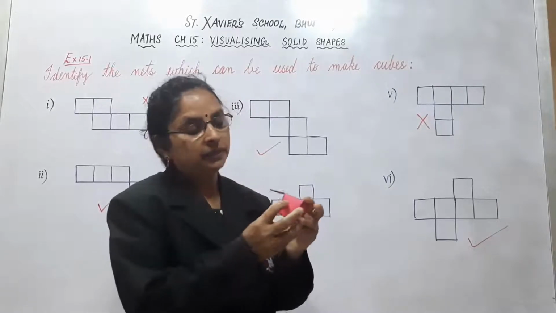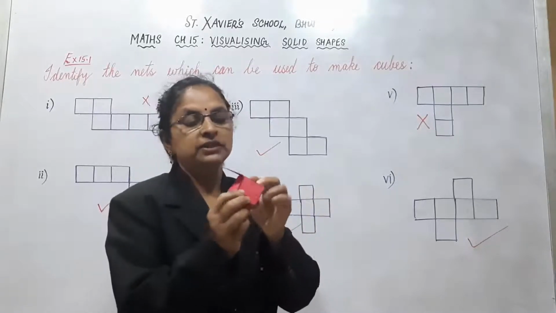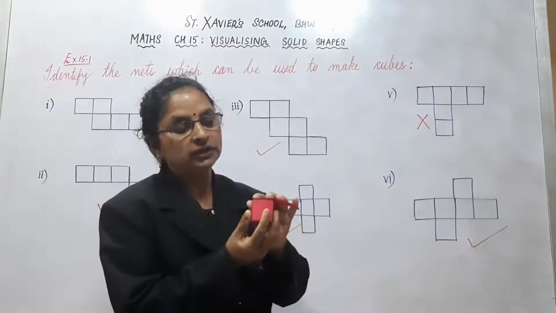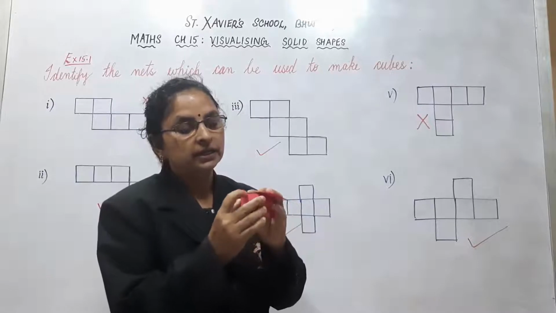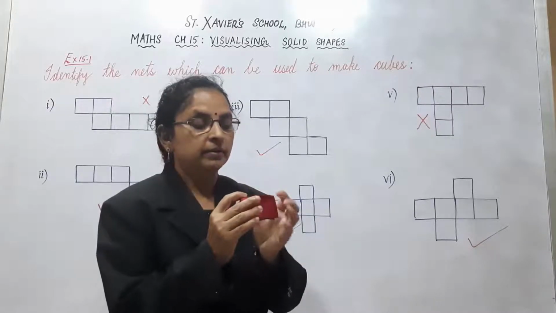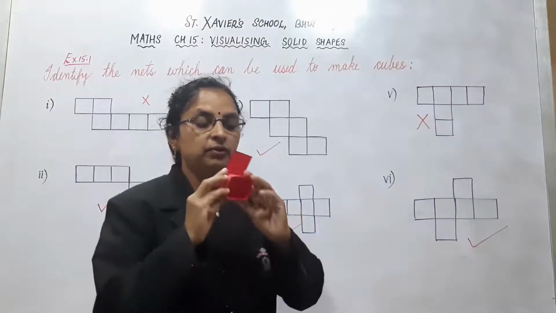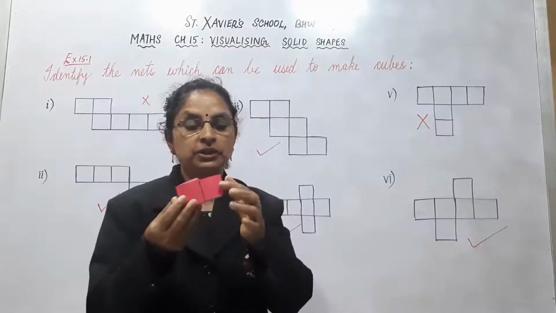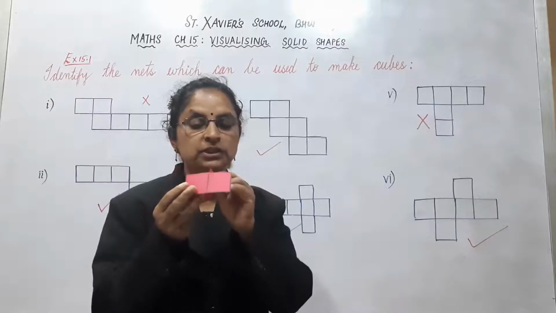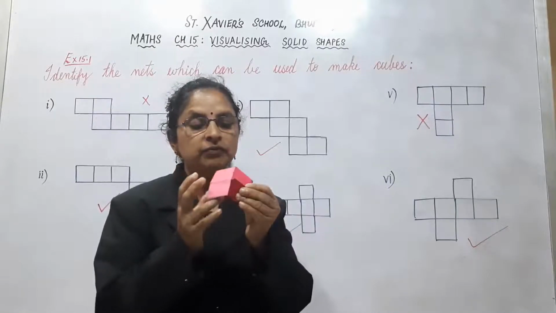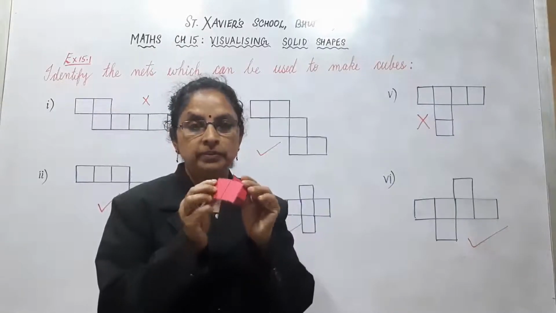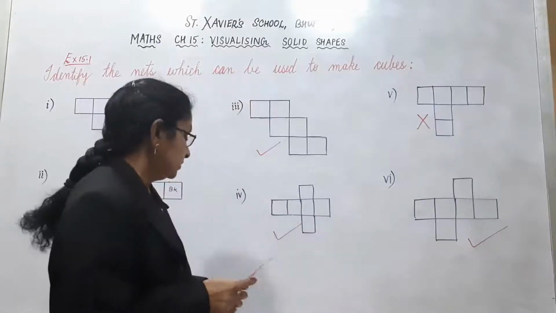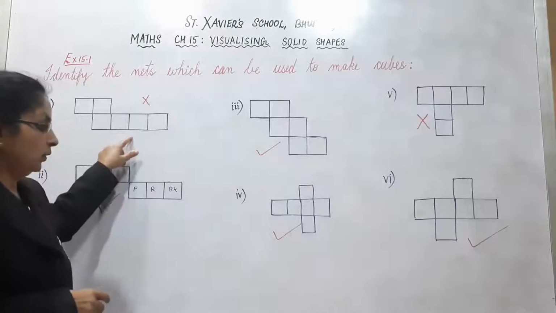And see, all 4 faces you are getting, but there is an extra side and we don't get any bottom. With this portion we can't make the bottom. So this is not a correct net for a cube. Is it clear? There is an extra piece. So this answer is wrong.